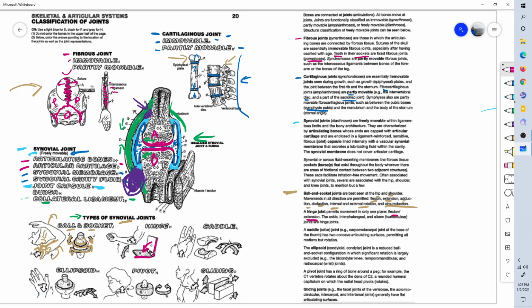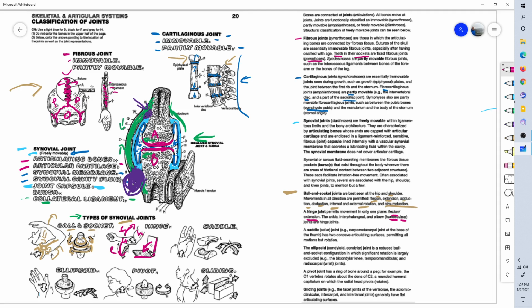The elbow joint can go up and it can go down. It can flex and it can extend. Those are the two basic movements of the humero-ulnar joint, the humerus and the ulna, and it has essentially one movement.